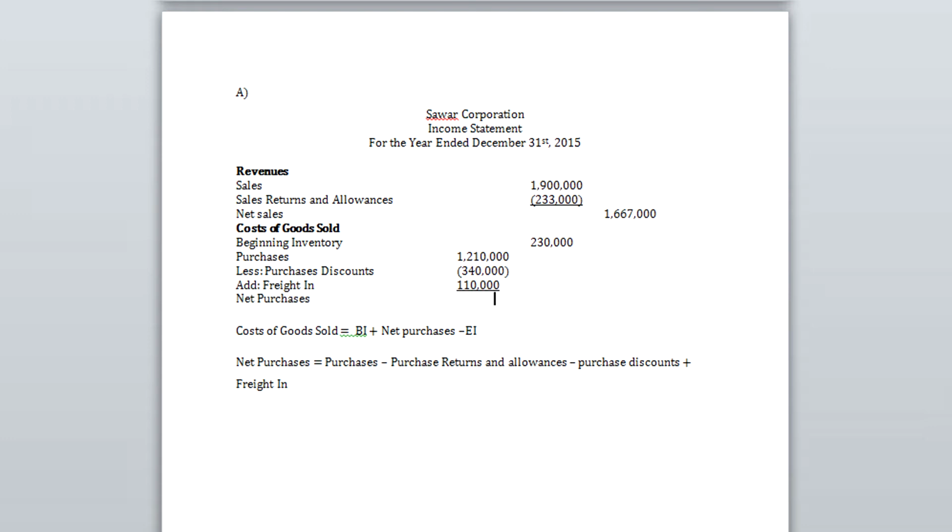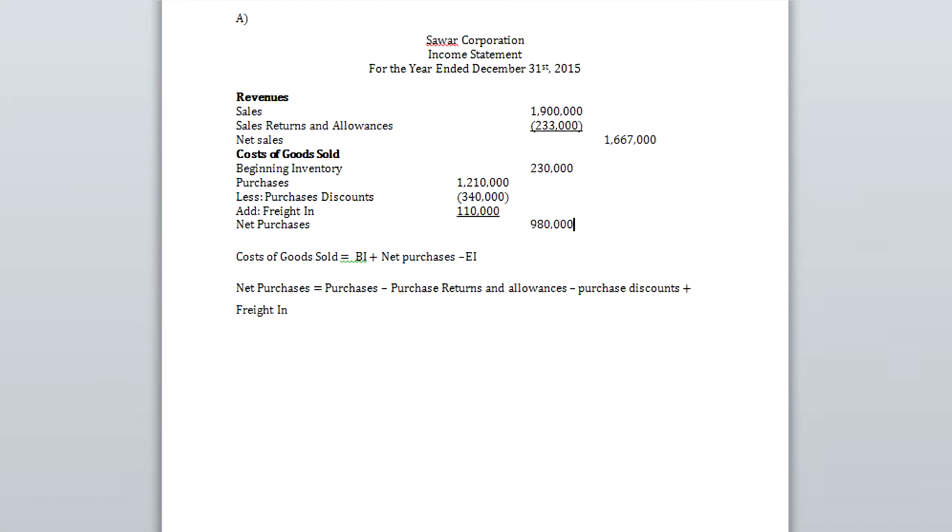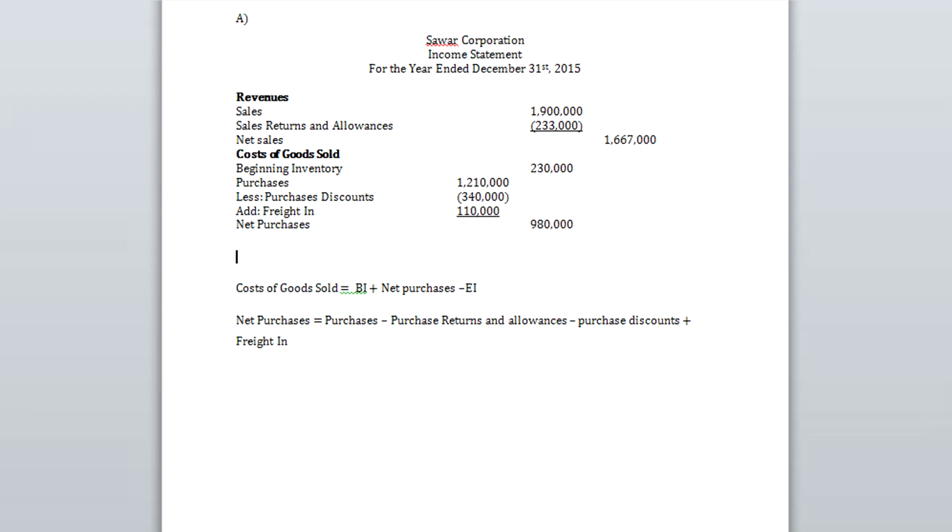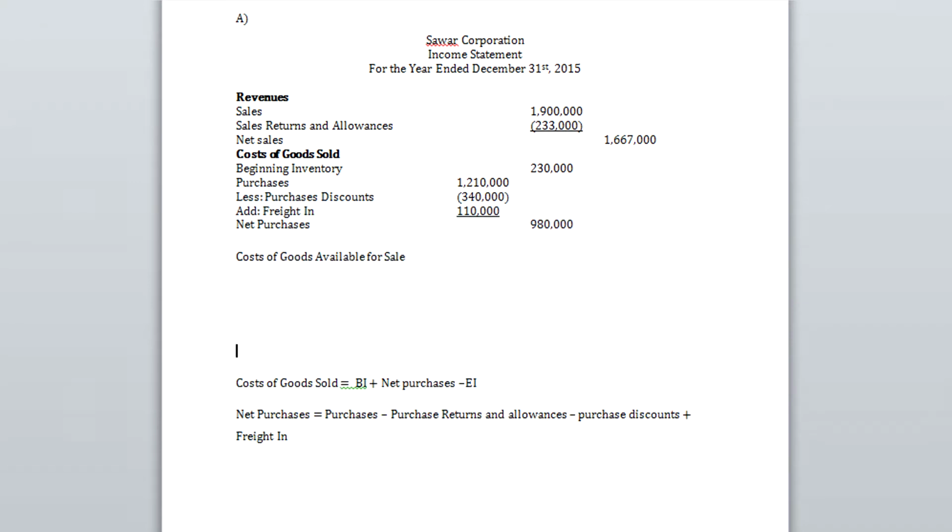Okay, so once we go through all, if we do the calculations there on a calculator, we actually get net purchases of $980,000. Okay? And now, what we're going to be calculating is this term called cost of goods available for sale. Okay? So this is something we like to include on the income statement here in the cost of goods sold section.